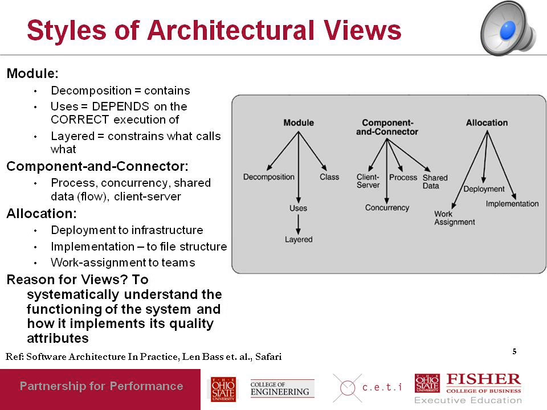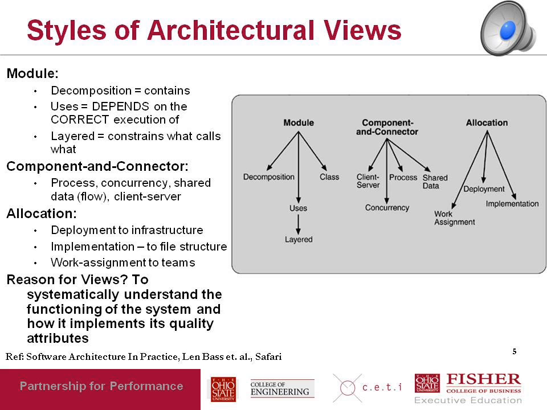Let's explore the notion of architectural views for a little bit. Architectural views can be categorized into three styles. The first style is the module view, which is basically how the architecture is structured or broken up as a set of implementation units. You might think of a module view as describing some aspect of the static structure of the organization.